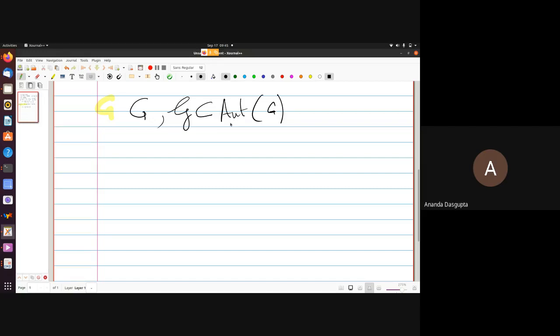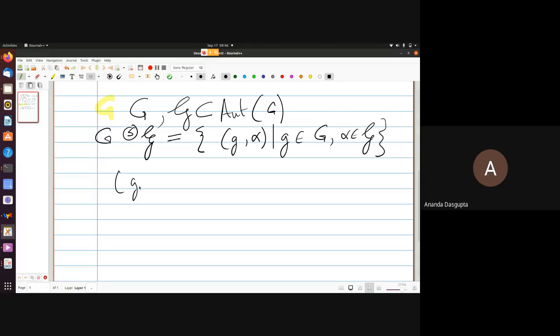So curly G is either a subgroup of Aut G or a group which is isomorphic to a subgroup of Aut G. Then we defined the semi-direct product, which we wrote as G semi-direct curly G. Of course, small g comes from capital G, alpha comes from curly G.